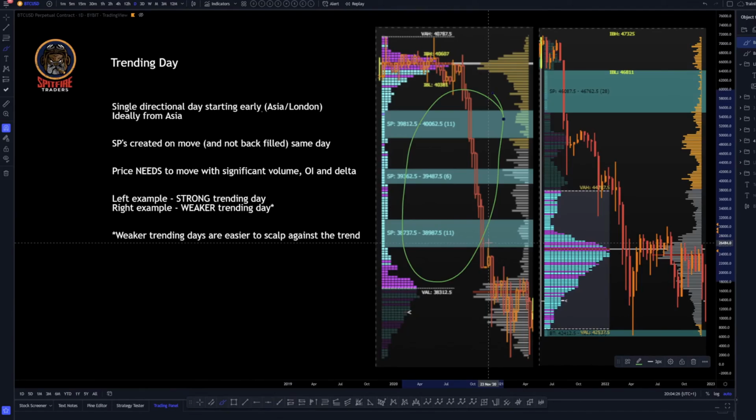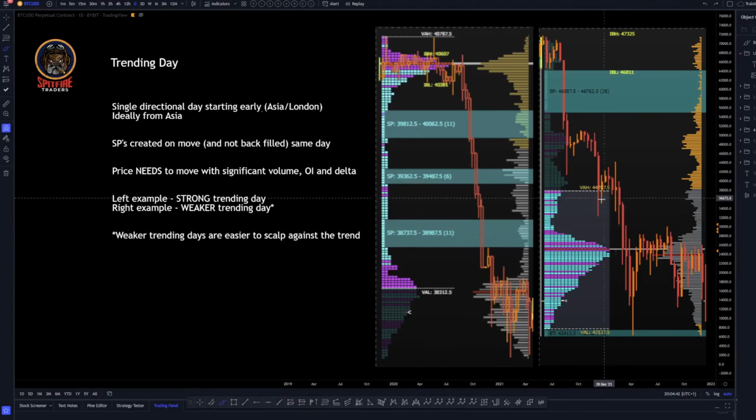Because chances are by the time you've got your entry criteria, you've got your market enter into the position or your limit enter into the position, by the time you've even thought about putting your stop loss in, you're wrecked. Because it's just moving. Again, don't jump in front of a steam train. This one, you've got more of a chance. It could still go against you, but if you are good and you are fast, you can scalp these markets. Okay? Hopefully that makes sense.